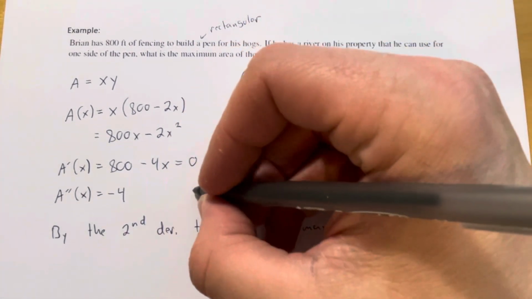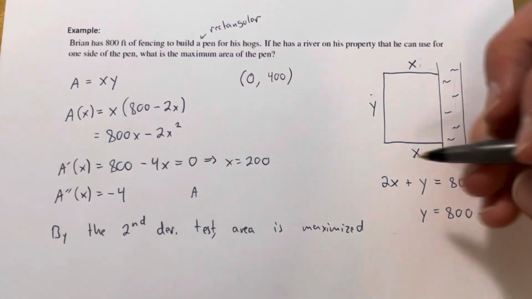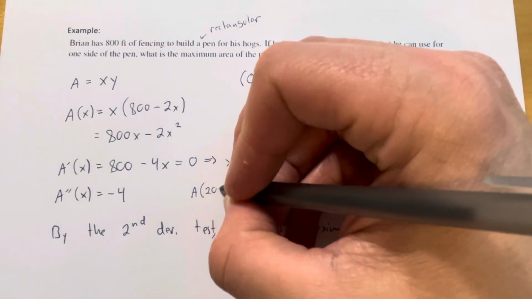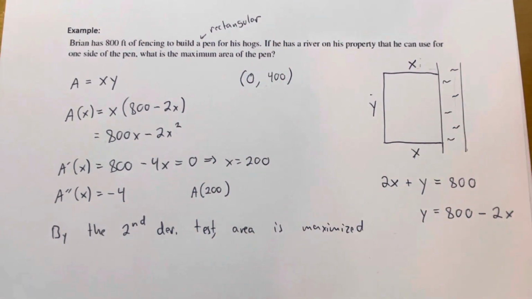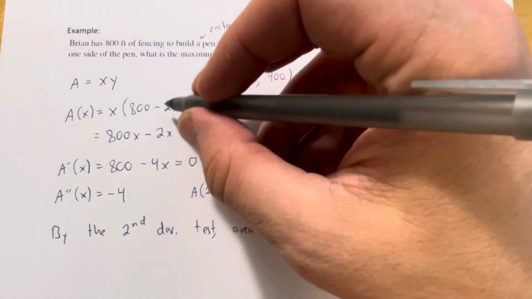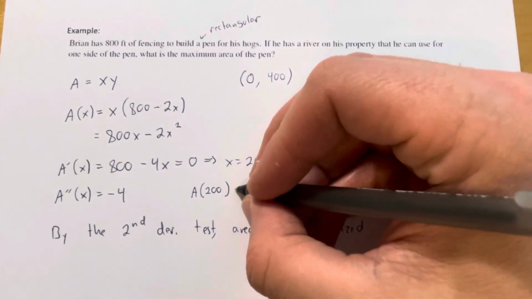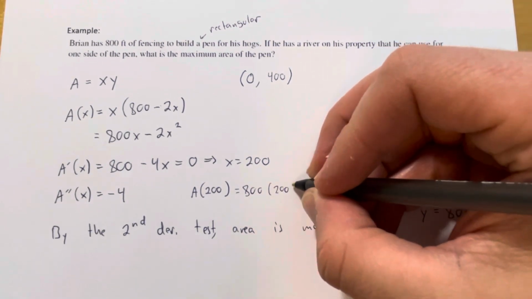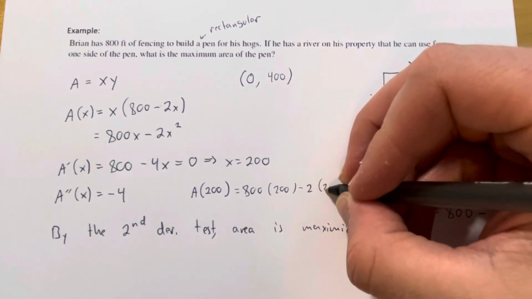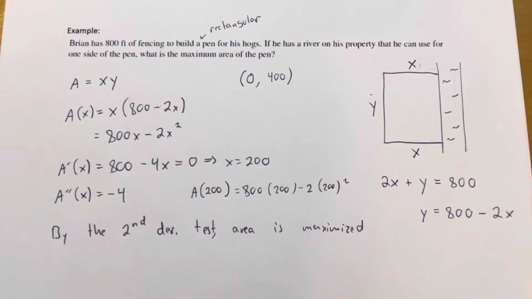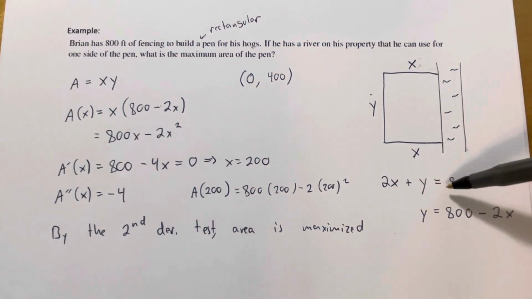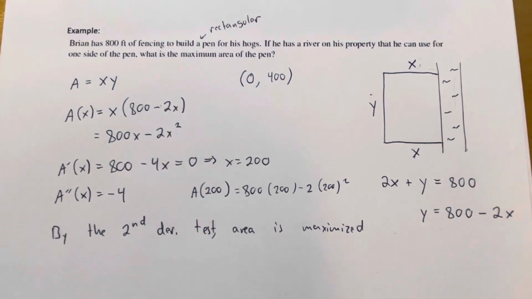So what I need to do, since I have now determined that my maximum value occurs at 200, is plug 200 into the original area formula, which is either one of these. So that's equal to 800 times 200 minus 2 times 200 squared. Or, another approach, you could very easily, like we did, find that y is equal to 400.